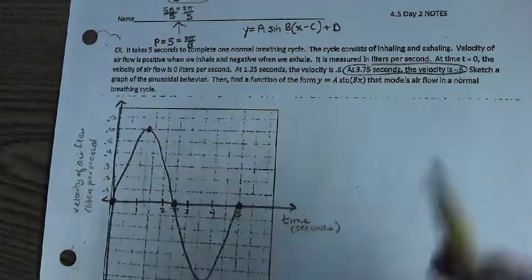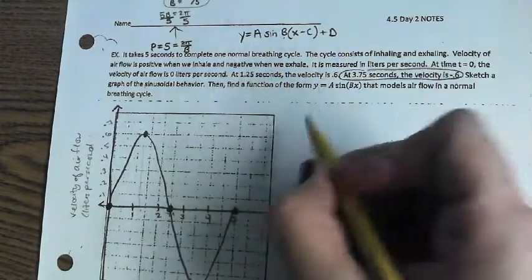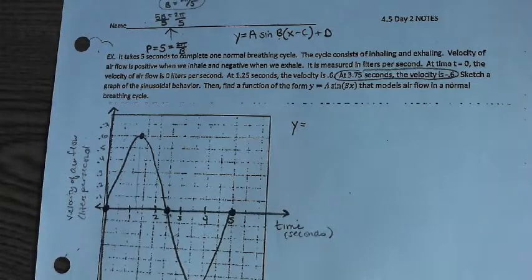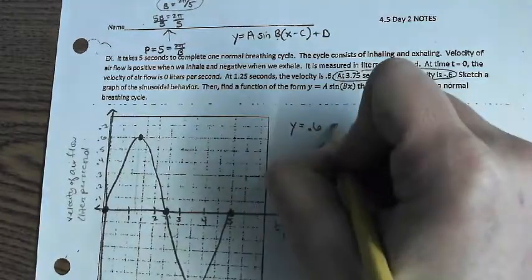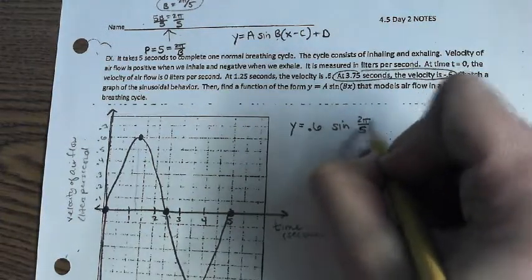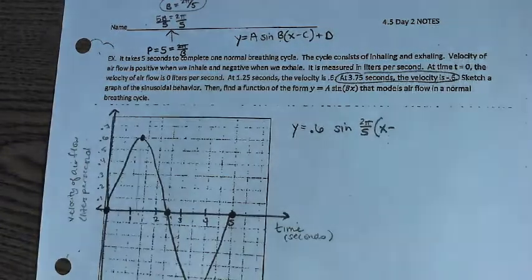So as I'm going through to write the equation, y equals, what's my a value, Morgan? 0.6. My b value we already found out was 2 pi over 5. What's my C value, Trista?